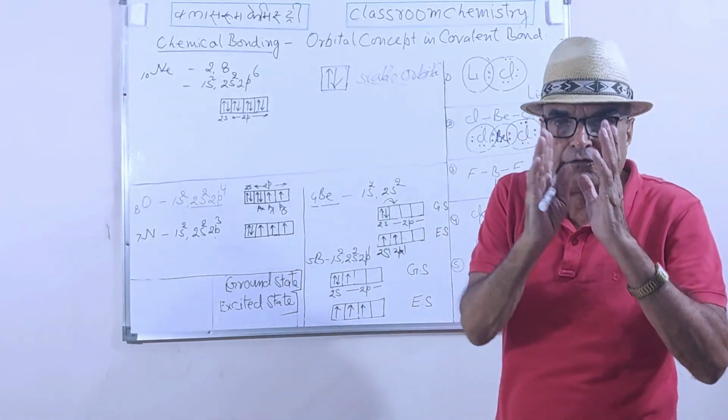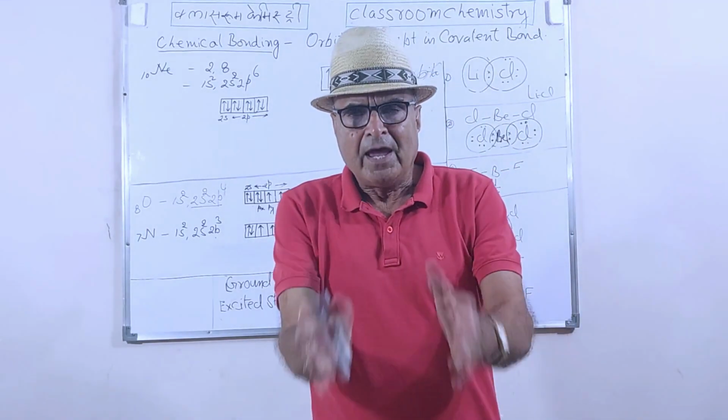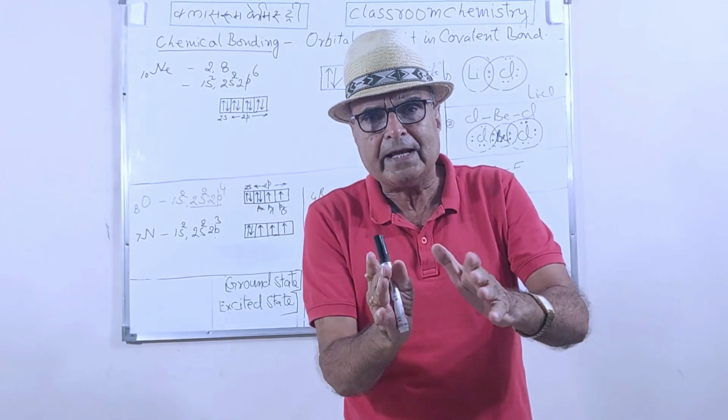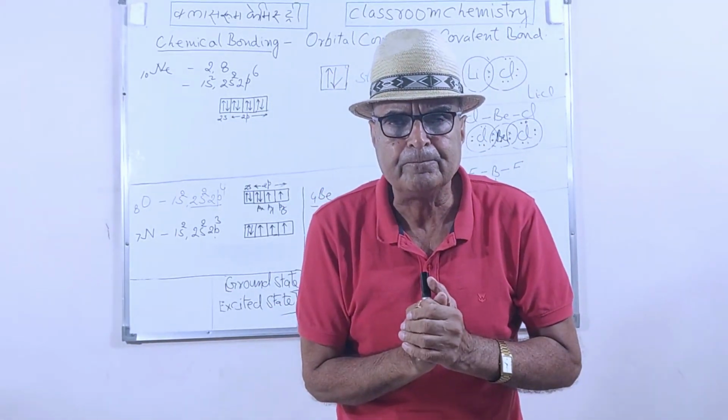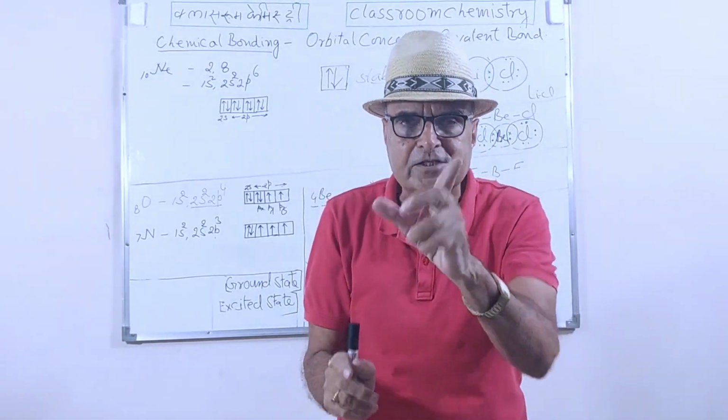So here is the first point of this orbital concept: a stable orbital that has two electrons in opposite spin will never take part in the sharing of electrons. This is the first point.